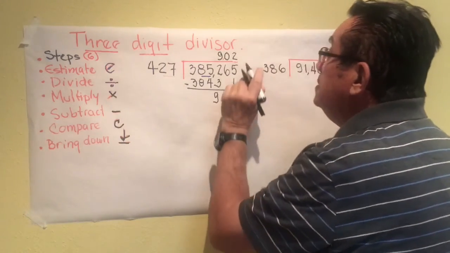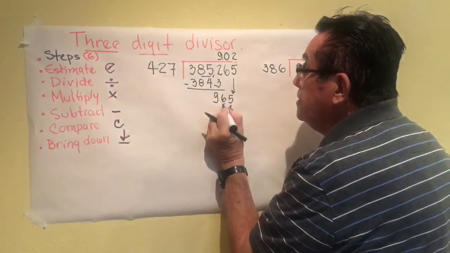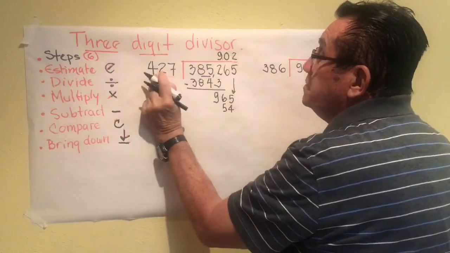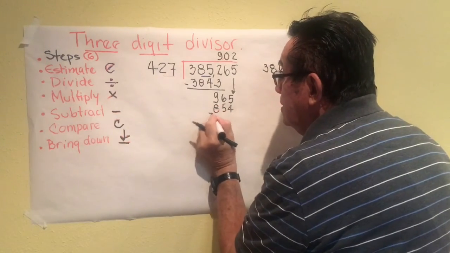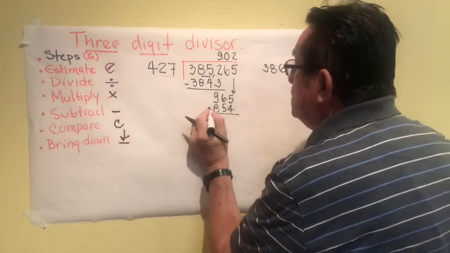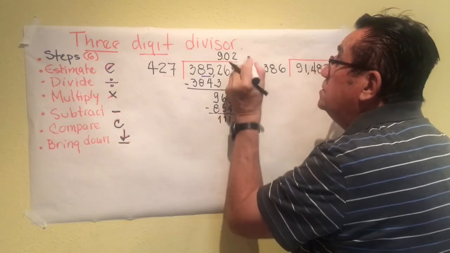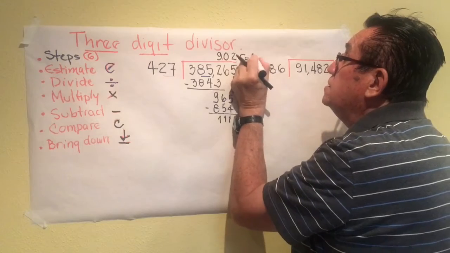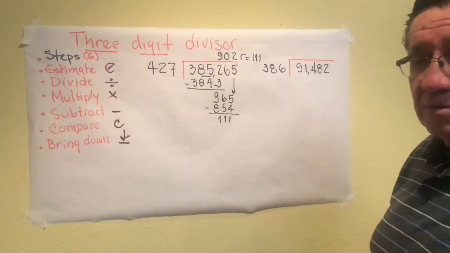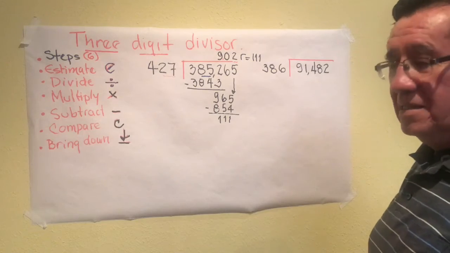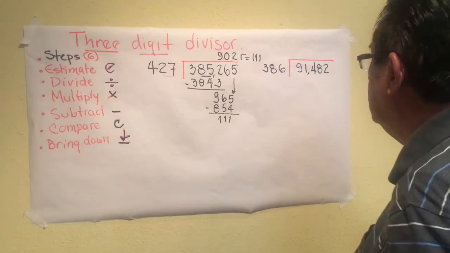I take 1. 2 times 2 is 4, plus 1 is 5. And 2 times 4 is 8. All right? Now I do the subtraction. This is 1, this is 1, and this is 1. So my remainder is 111. Very simple, right?